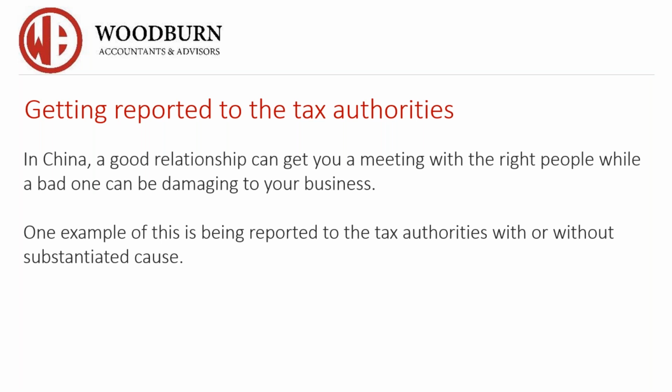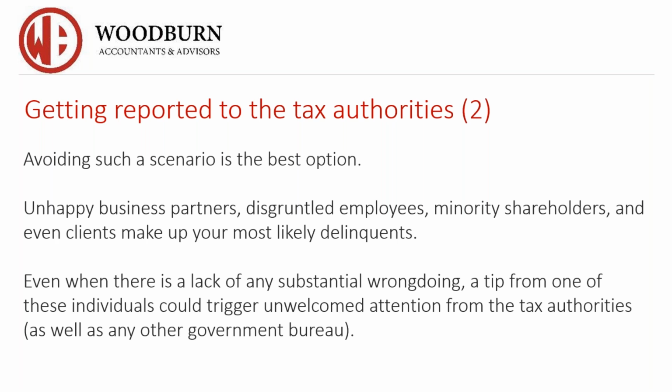But if you do create a bad and damaging relationship where the other party has lost face, this can be extremely damaging to your company, i.e. getting the unwanted attention from any of the government authorities, including the tax authorities, okay? Now, what you want to do is completely avoid this scenario, right?